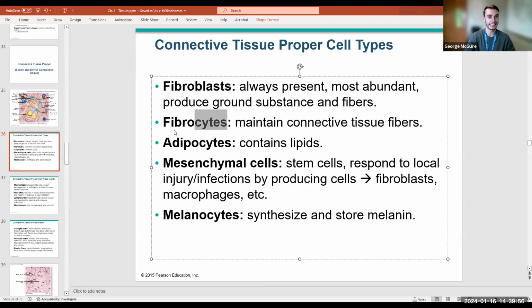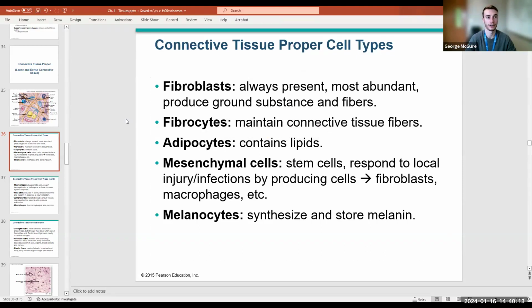The suffix cyte, referring to cell, is always going to be a mature version of the cell in that tissue. Right? So fibroblasts can mature into fibrocytes. And typically the mature version, the fully formed mature version of these cells, are mainly going to be there for maintenance of the structures within that connective tissue.